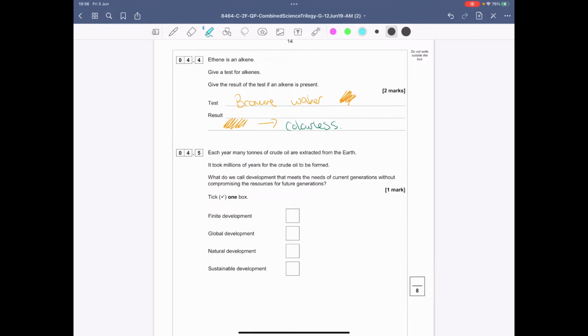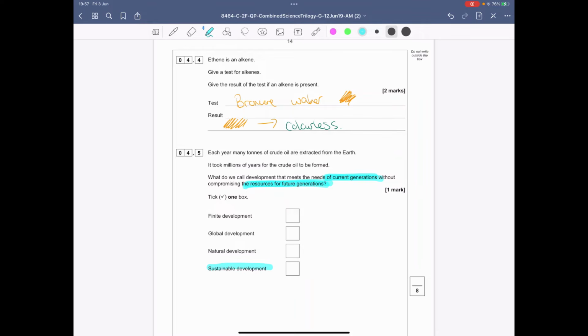Question 4.5. Each year, many tons of crude oil are extracted from the earth. It took millions of years for crude oil to be formed. What do we call the development that meets the needs of current generations without compromising the resources of future generations? Well, if you're working to get the needs of current without jeopardizing the future, you are being sustainable.